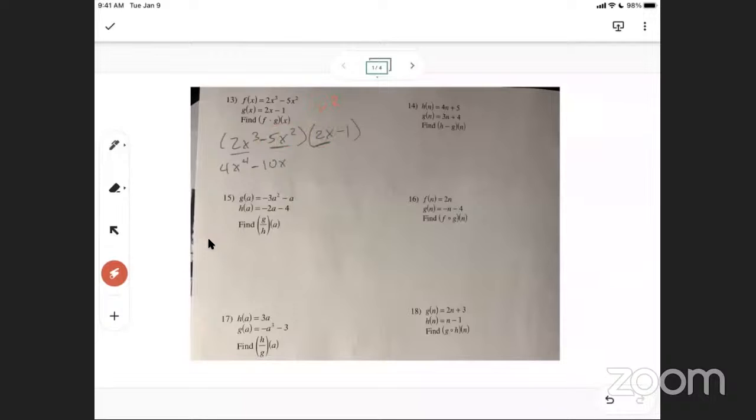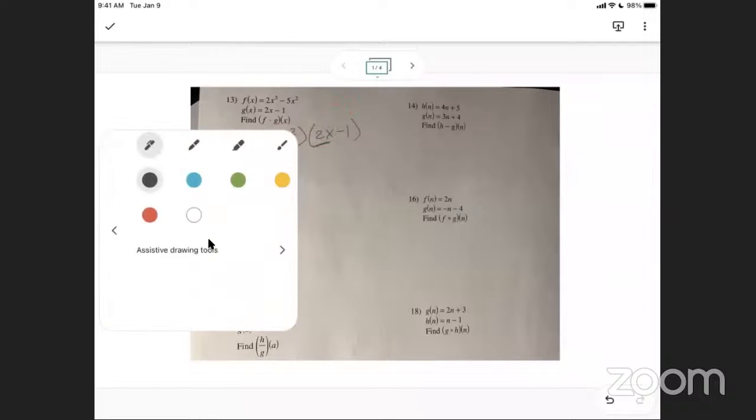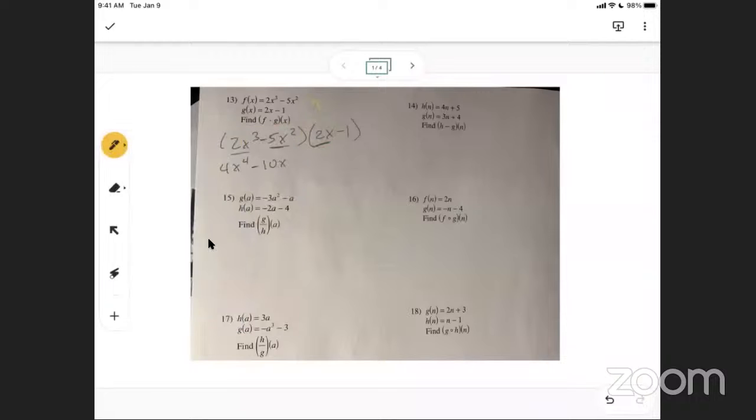Here, let me show you up here so you can see it better. X squared times x means I have x times x, because that's x squared, times another x. So what is that? Oh, x cubed. Yes.